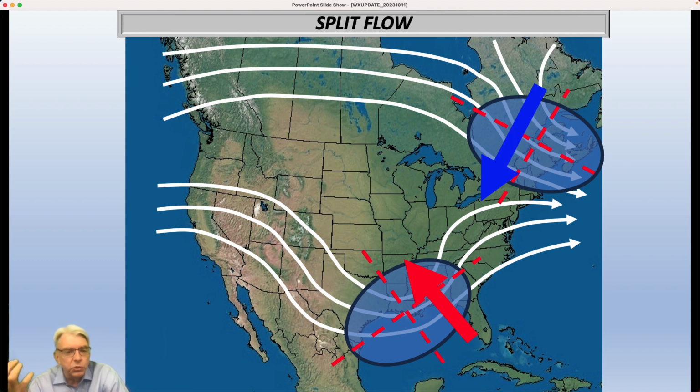So these two have to be juxtaposed, I think that's the right way to say it, perfectly, so that these two jet streaks are in exactly the right locations so they can work together to drive the cold air in the low levels and then bring the warm, moist air up from the south.